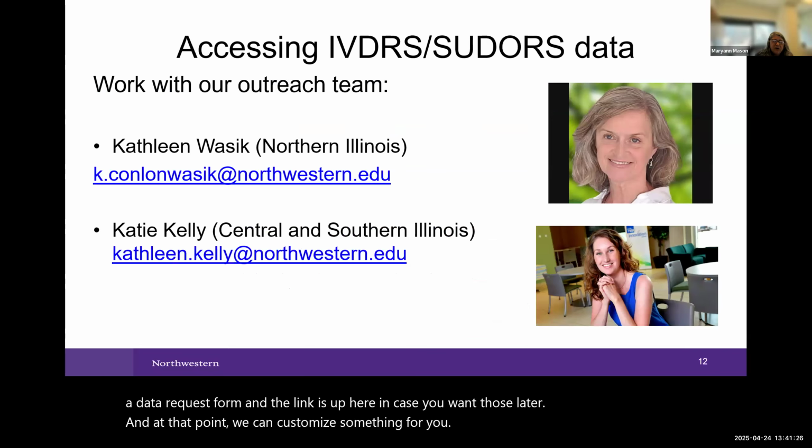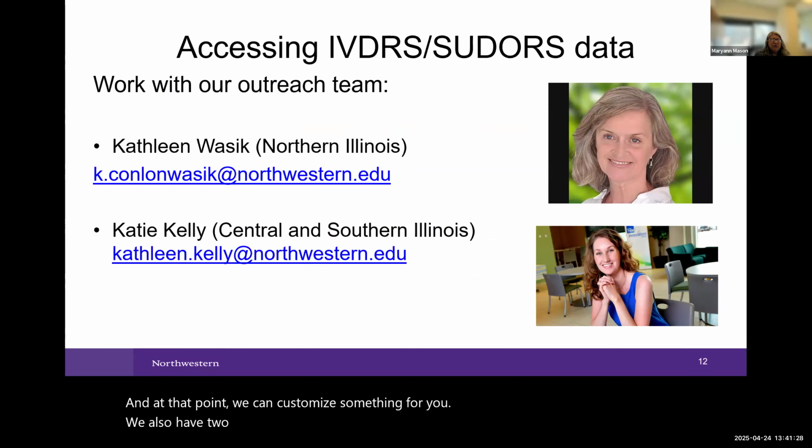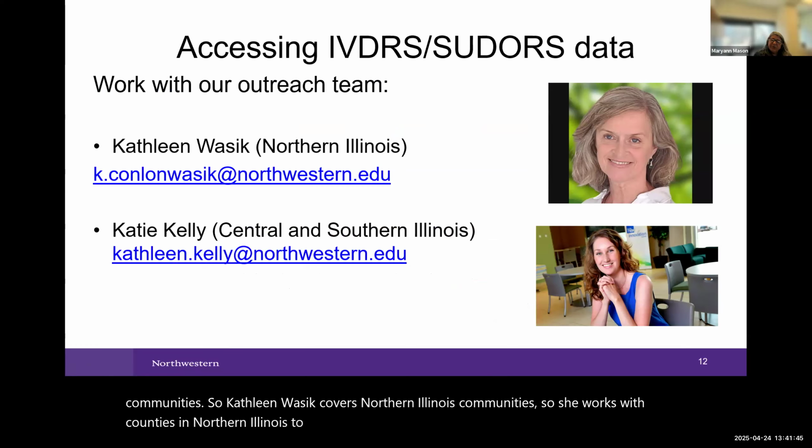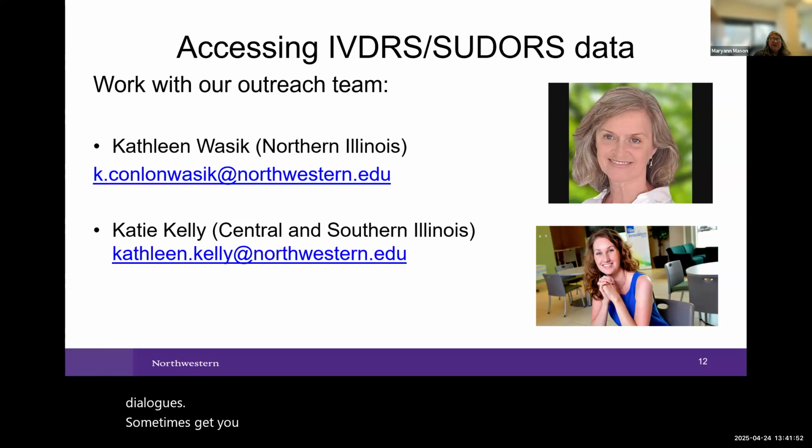We also have two community outreach workers. Their entire job is getting data out to local communities. Kathleen Wasick covers Northern Illinois communities. She works with counties in Northern Illinois to produce customized PowerPoint presentations, facilitate dialogues, and sometimes get you access to case level data.